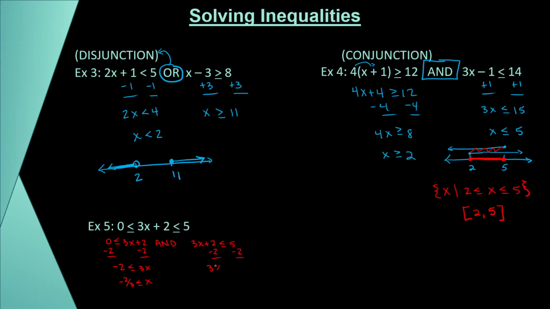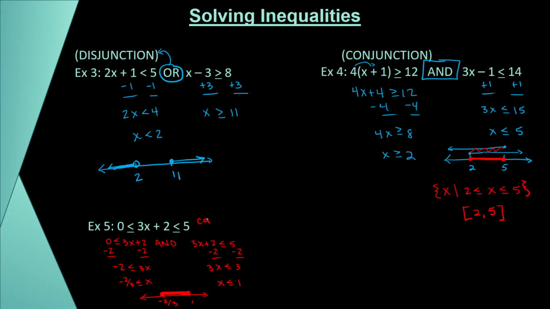Over here, I get 3x less than or equal to 3, so x is less than or equal to 1. So if I put this on a number line, again, I'm going to put dots because I can equal. I want to be greater than the negative 2/3. I want to be less than the 1, so we're coming towards each other.